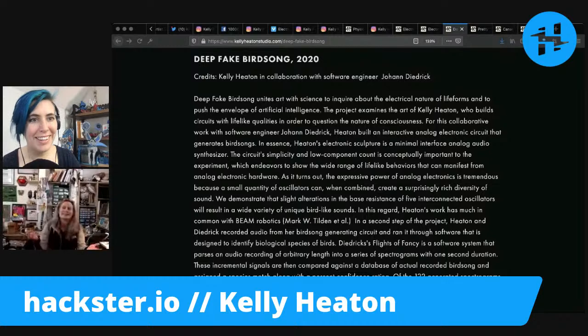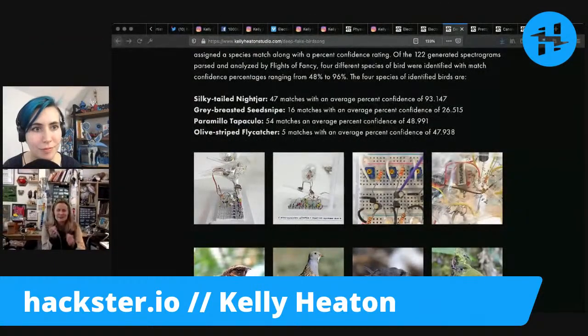Now, is the software flawed? Is the circuit? I mean, who knows? It was one of those fun, curious exercises that is not like real science, but it is close enough that it was like, this is cool. I don't really know what it's telling us, but it's just cool.